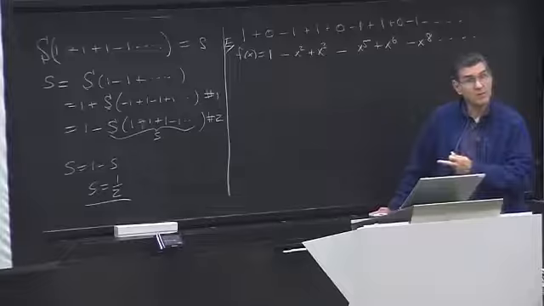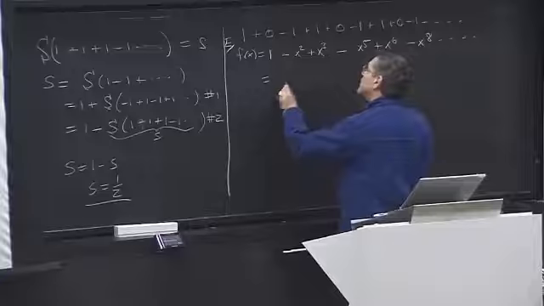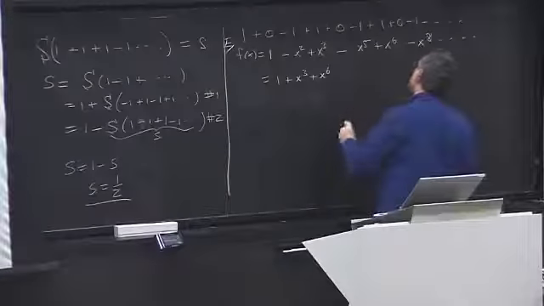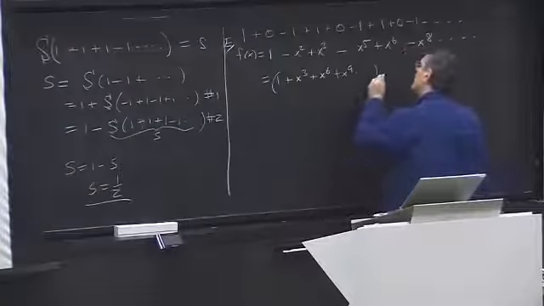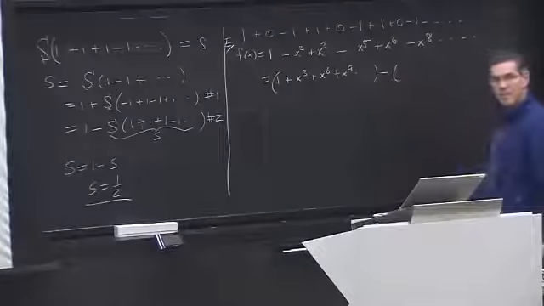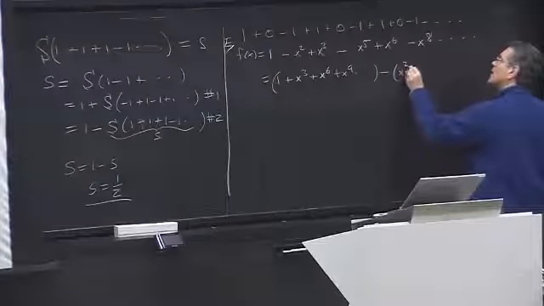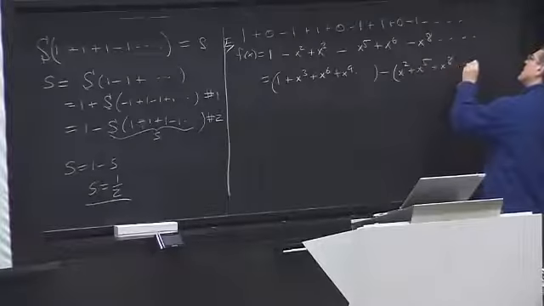See what I did? Multiplied the nth term by x to the n. So this is equal to 1 plus x cubed plus x to the 6th plus x to the 9, and so on, minus x squared plus x to the 5 plus x to the 8, and so on.